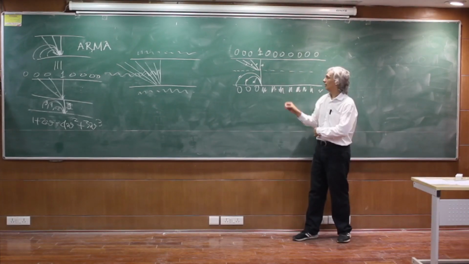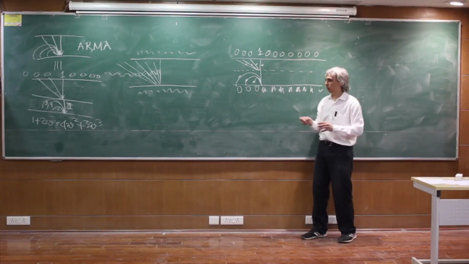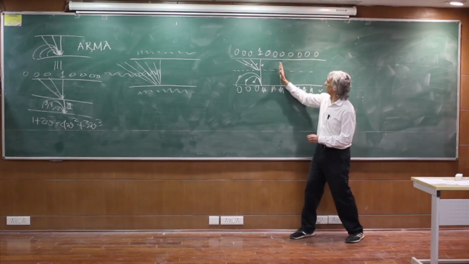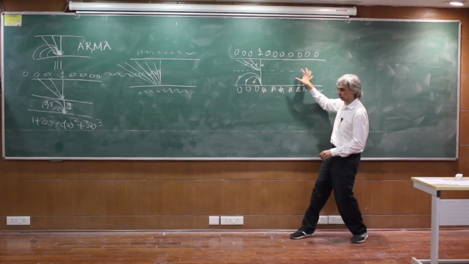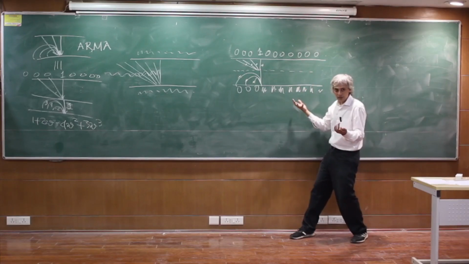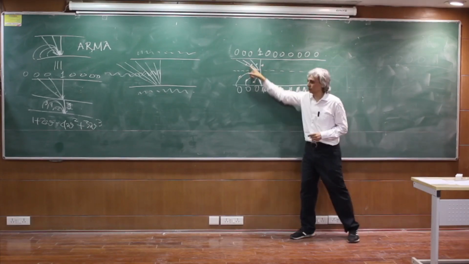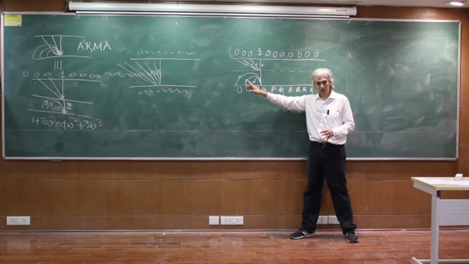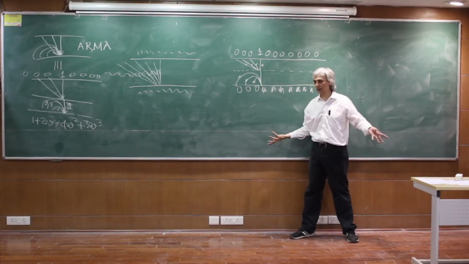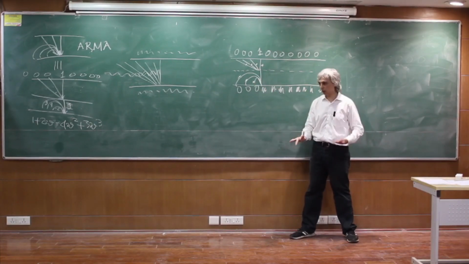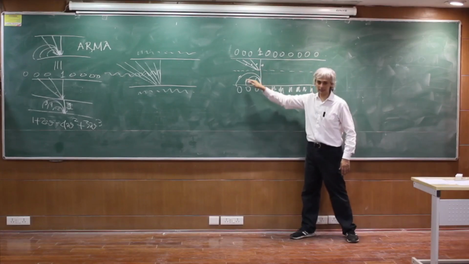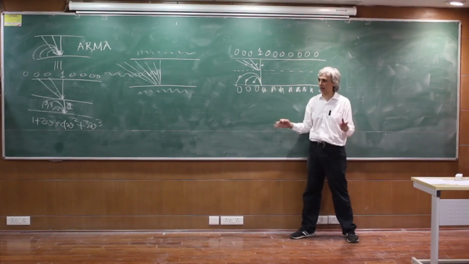Okay. Now, one simple thing to do is just go on moving this structure. How many times? Till you have as many equations as you have these unknowns. And then you have as many linear equations as you have unknowns. You solve those linear equations, you will get these numbers out, and that is your ARMA representation.